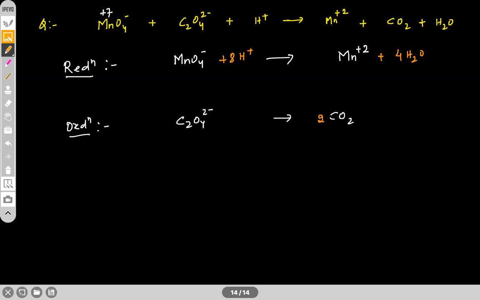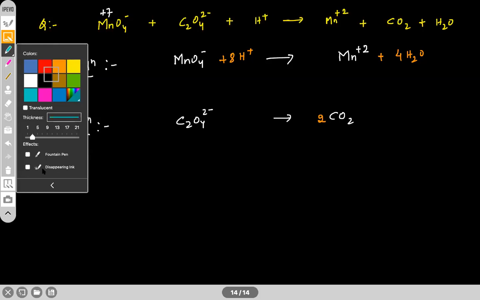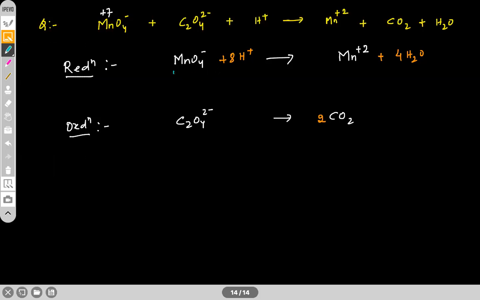Okay. Now, we'll balance the charge. You see here, 8 plus and 1 minus, so +7 charge. And here we have +2 because H2O is neutral. So +7 to +2, 5 electrons we have to add. And here it is -2 to 0, so 2 electrons you have to add in order to balance the charge on both sides.